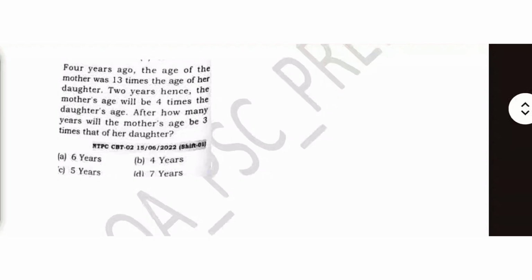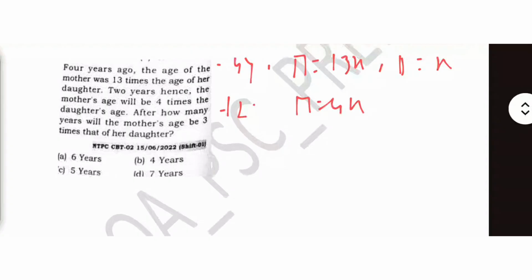Okay, so 4 years ago, let us consider mother was 13x and daughter was x. Then 2 years hence the mother's age will be 4x and daughter is x.